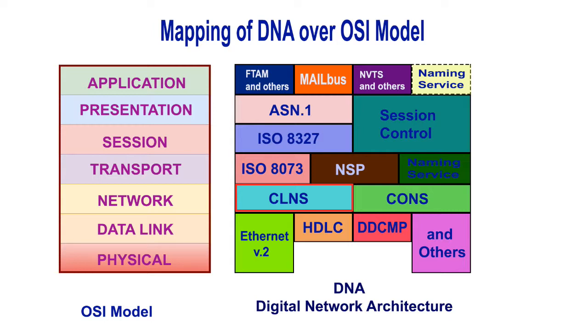Second is ISO 9542, end system to intermediate system routing exchange protocol for providing the connectionless mode network service, which is used to perform routing functions.